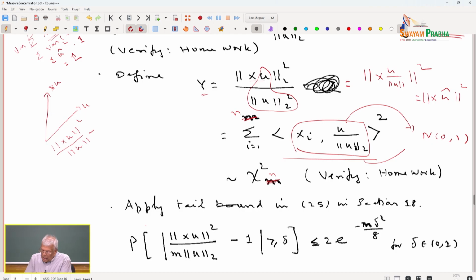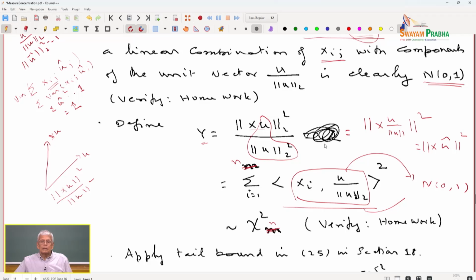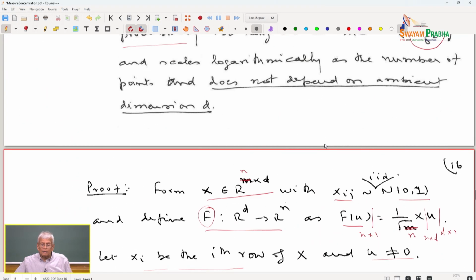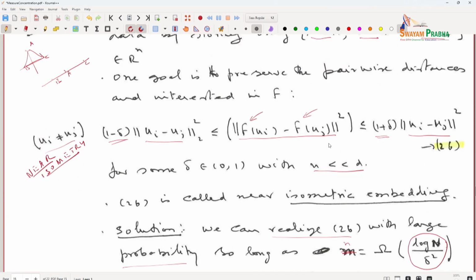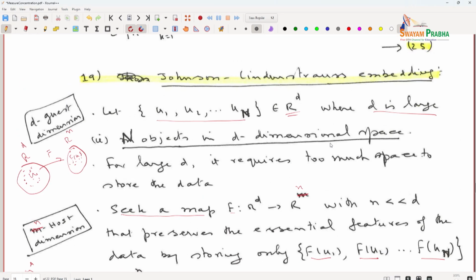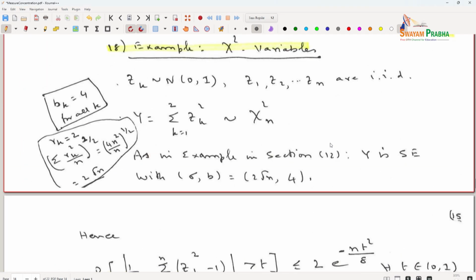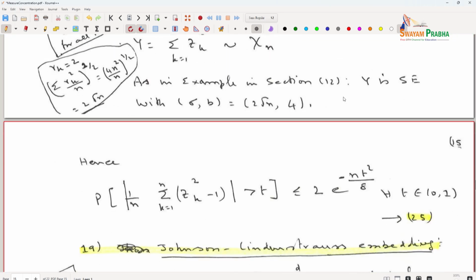So, apply the tail bound in 25 in section 18. Let's go back now. I have a chi-square random variable. We have already shown chi-square random variables have a special relation to the bound that we have seen so far. So, the example in section 18, chi-square variable, zk is normal 1. There are n independent random variables.